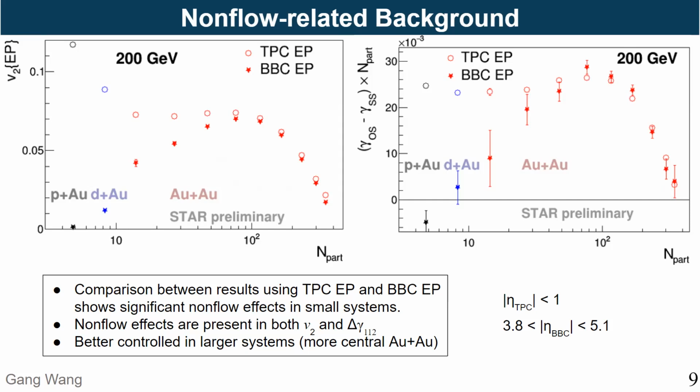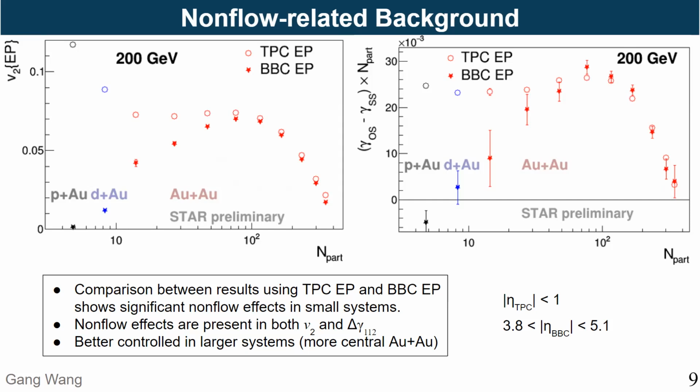Only when you use BBC do you see a reasonable coming down of V2. If you use TPC, it even goes up, and that's abnormal. So this is how we can tell a non-flow effect: you just use two different event planes, BBC forward and TPC mid-rapidity, and you see this huge difference.